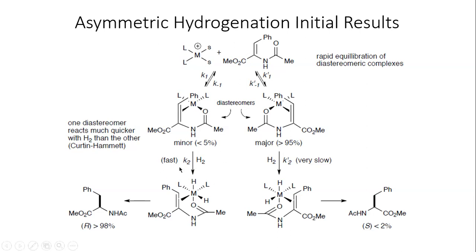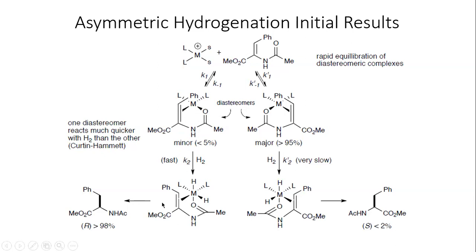So here, if the activation energy to go from here to here is lower, then it's going to react faster than this, even though this is your major diastereomer. And so you can see here, this is slow compared to that. So when you add the hydrogen in and you actually hydrogenate your metal, the minor diastereomer reacts faster.